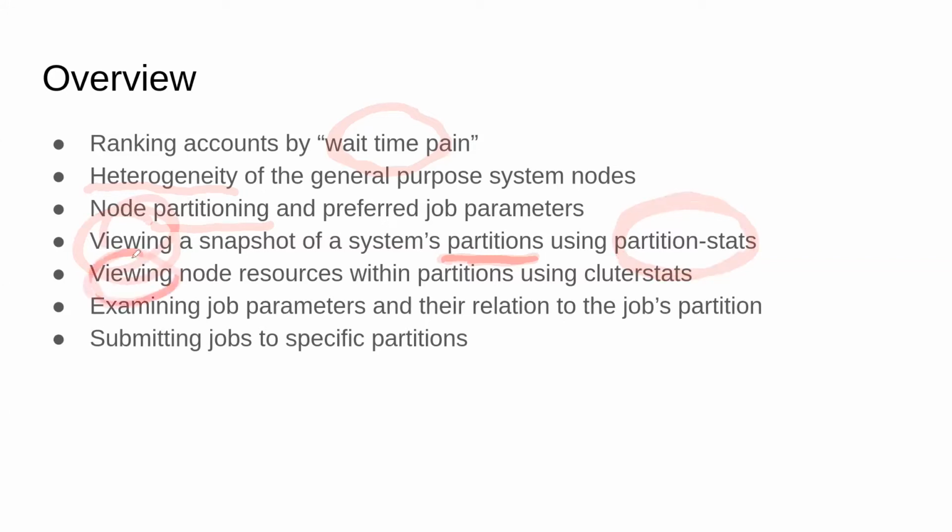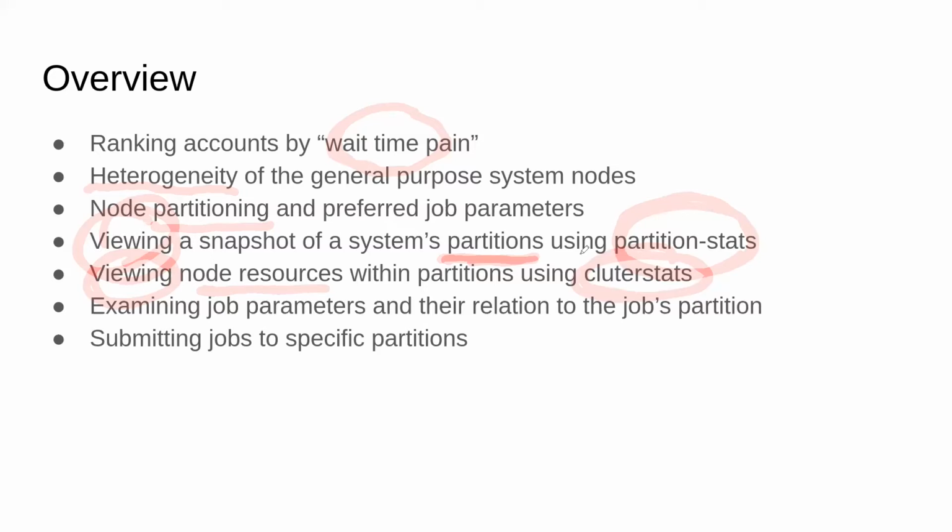And then we're also going to view what resources are available on those nodes by partition using a function called cluster stats. Those two functions will allow us to see snapshots of the state of the system and how many resources are available to certain job types.